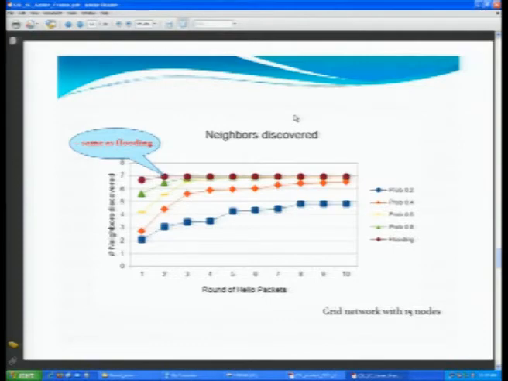Usually we use an interval of 5 seconds or maybe something lower between hello packet transmissions. So after 3 rounds of hello packets, all the neighbors of every node in the network are discovered.